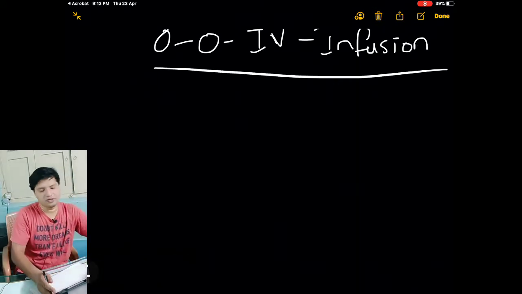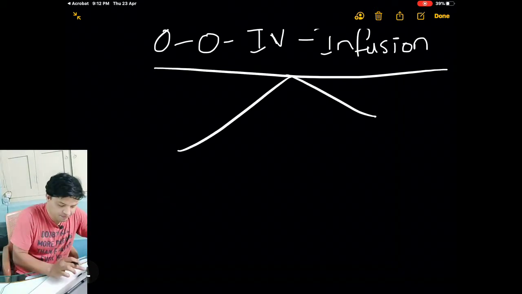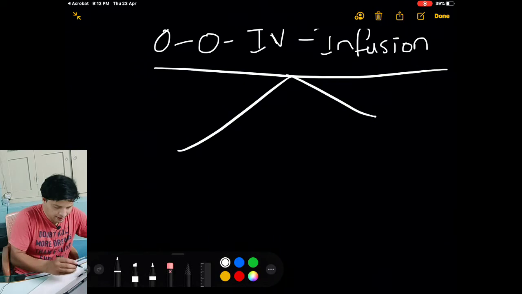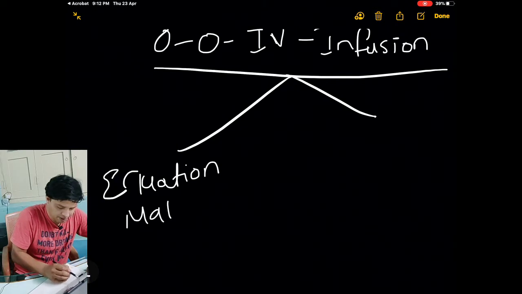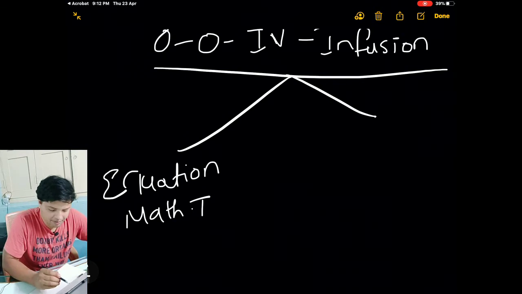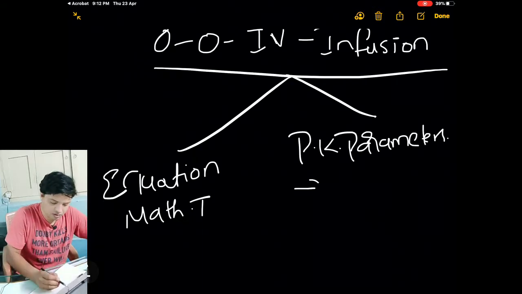So for IV infusion, what we are going to see here is, again we are going to derive a kinetic equation, or you can say a mathematical treatment. Then we are going to derive the pharmacokinetic parameters. What are those parameters?